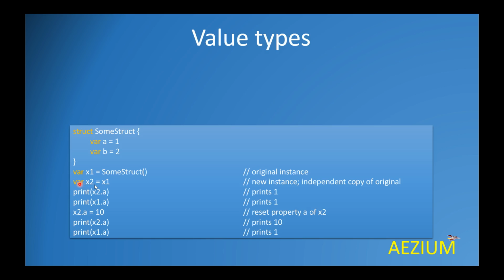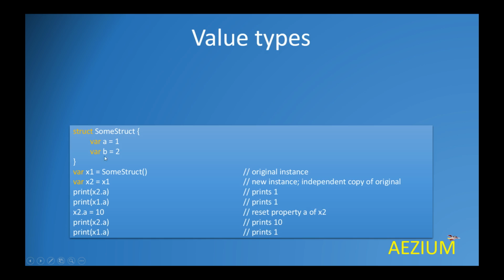Now if we declare another variable called x2 and assign to it the same instance of sum struct which we assigned to x1 by just using this statement, so we are saying that x2 is equal to x1, this creates another instance of sum struct, a completely independent instance, but all the internal details of that instance are going to be the same as those details of x1.